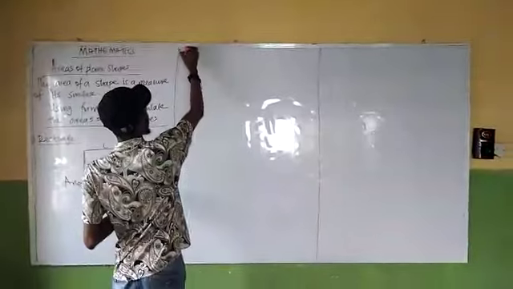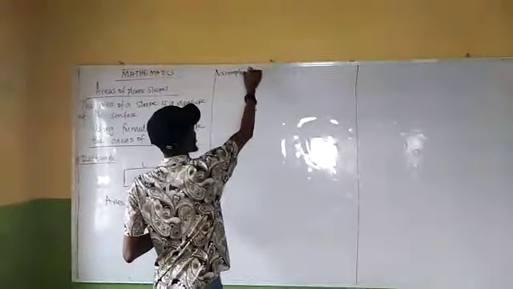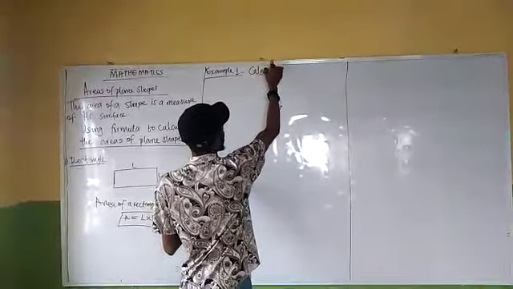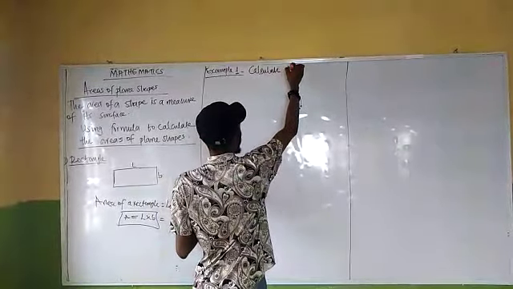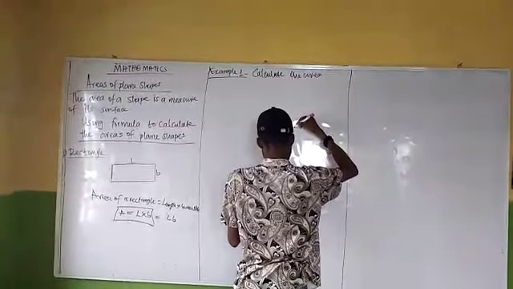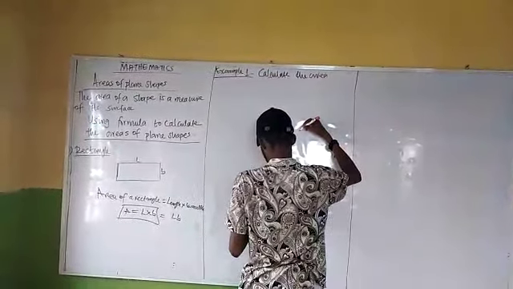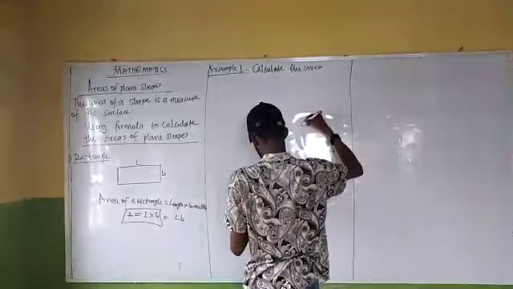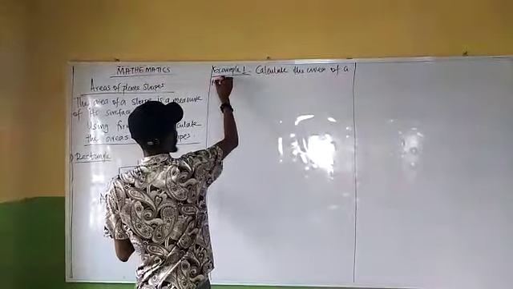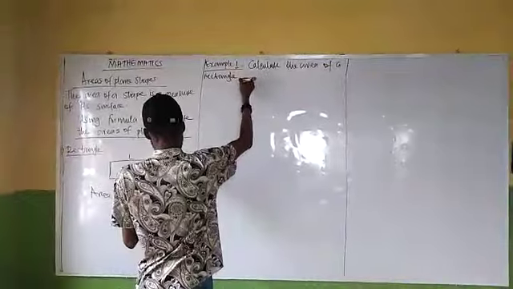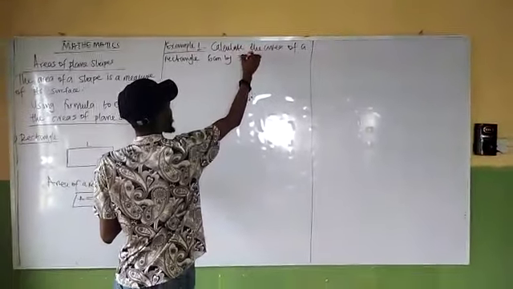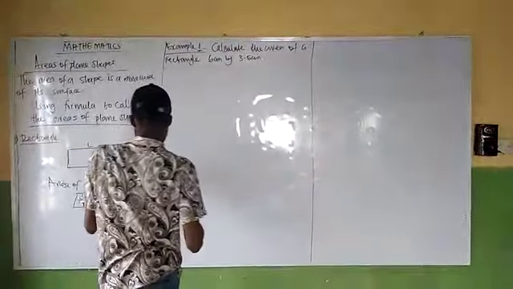Example one says: calculate the area of a rectangle 6 centimeter by 3.5 centimeter.